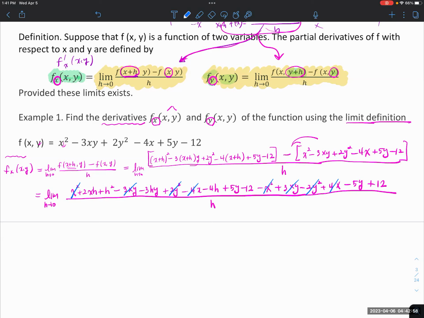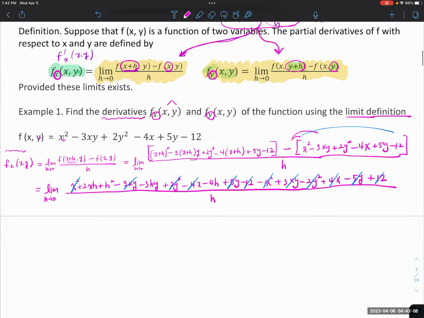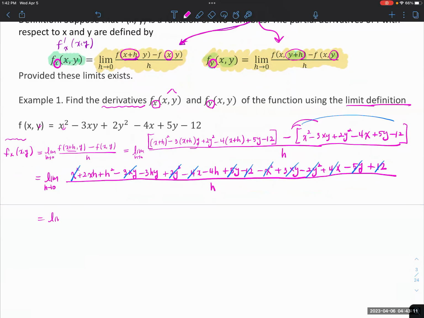Yes, minus 12 plus 12, plus 5y minus 5y. So the second term has been canceled. Let me rewrite the remaining stuff. That's a limit. We have 2xh plus h squared minus 3hy. Is there anything else? Actually, minus 4h there, over h.